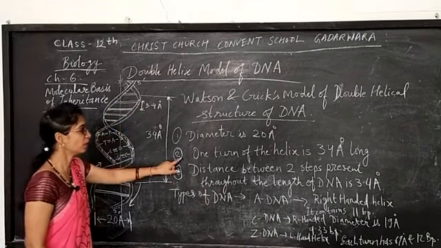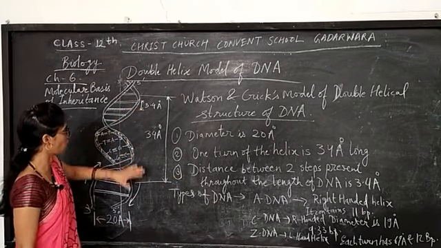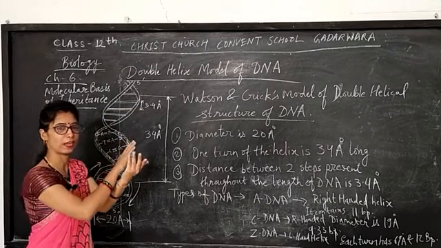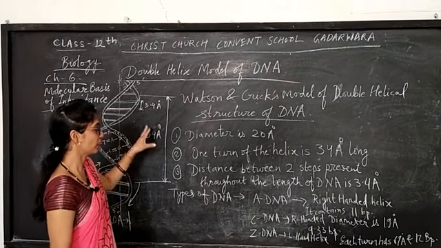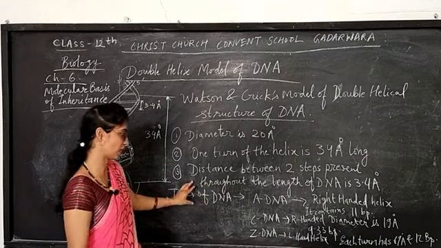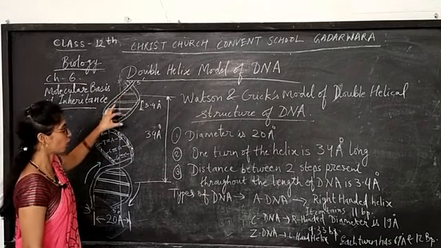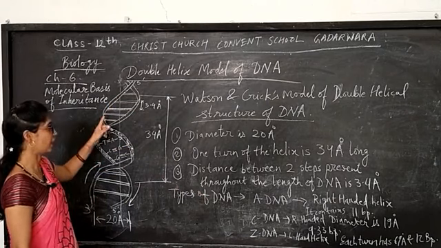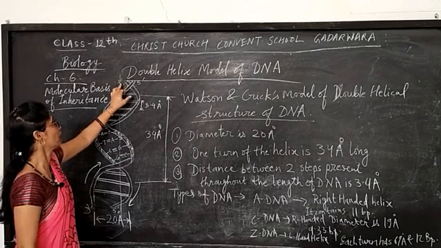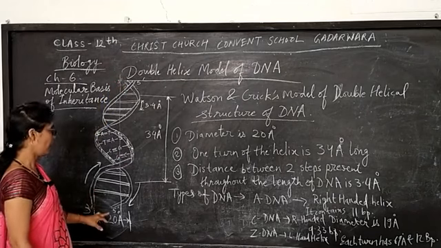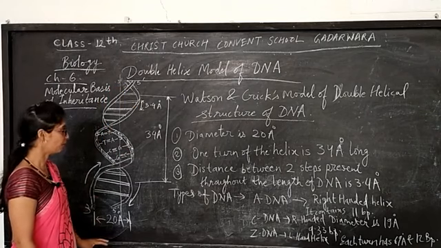One turn of the helix is 34 angstrom long. The distance between two steps is 3.4 angstrom, and these polynucleotide chains are antiparallel. One is 3' to 5' and the other is 5' to 3', okay.